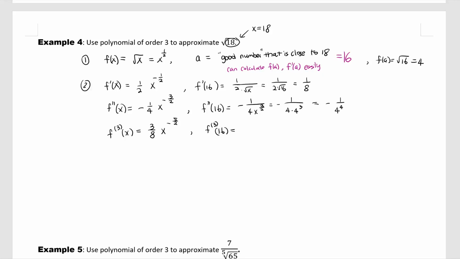Sorry, I should plug in the 16 there, because when we plug in 16, those are numbers, not a function of x. So 16 to the 5/2 is the same as 4 to the 5th.